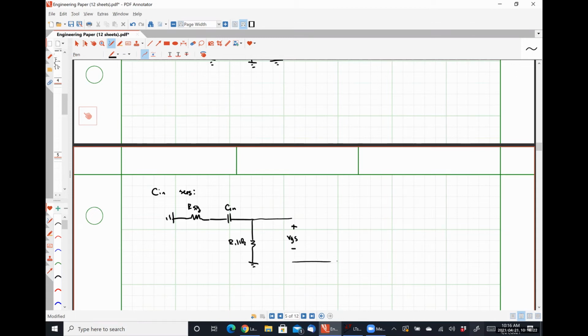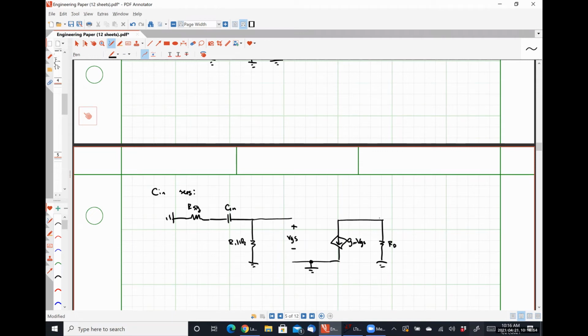Here's our transistor, where since CS is grounded, our source effectively just sees a short circuit to ground. Here's gm VGS. Here is RD.